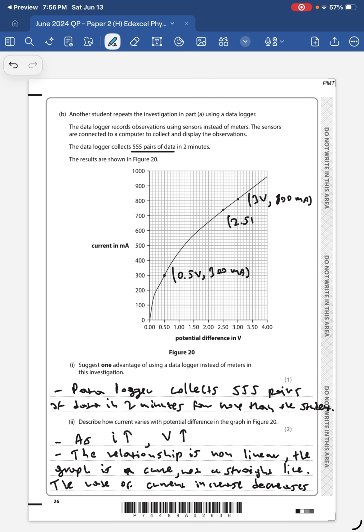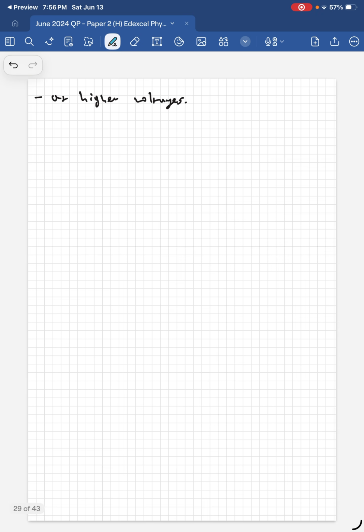So there we have 2.5 volts, and every little deviation here is 20, right? So 720, 740, 760, 780. So we see that we have 740 milliamps. So let's name this 1, 2, and 3.